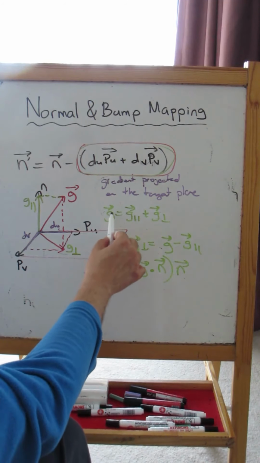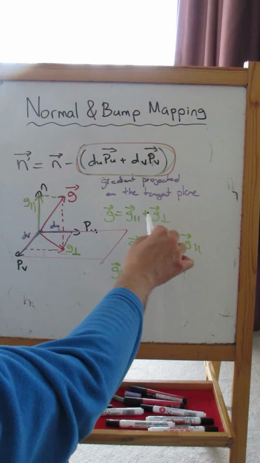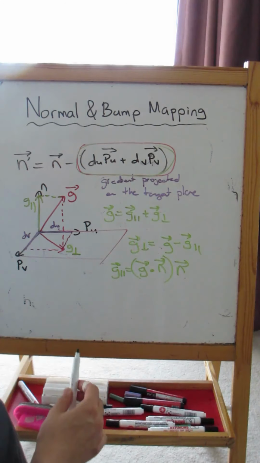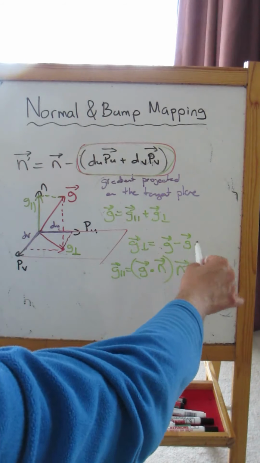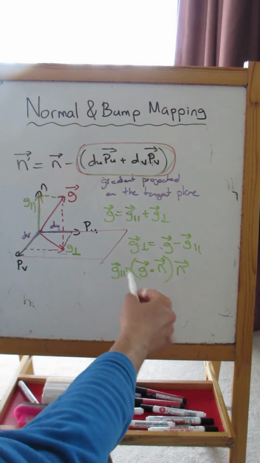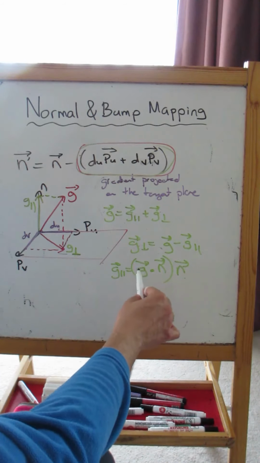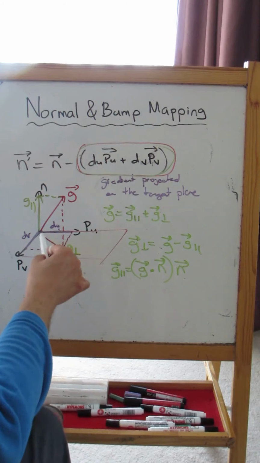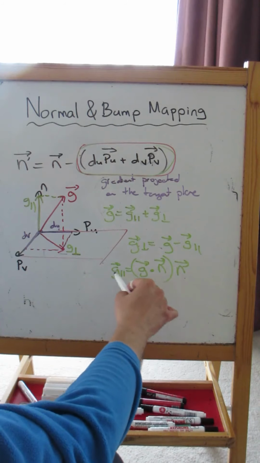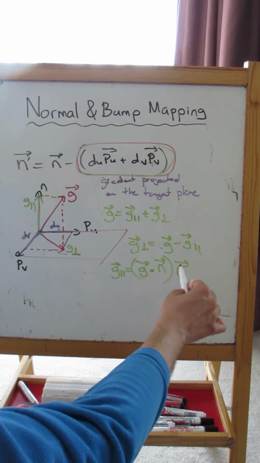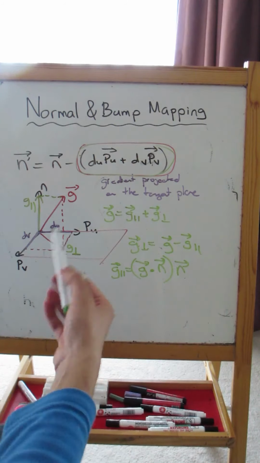The full gradient is the sum of gradient parallel plus gradient perpendicular. Gradient perpendicular is therefore the original gradient minus gradient parallel, and the parallel component can be found by using the dot product of G and N, and this parallel is along the surface normal. So we multiply it with the surface normal to make it a vector.